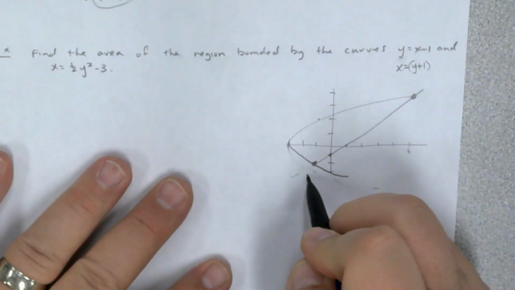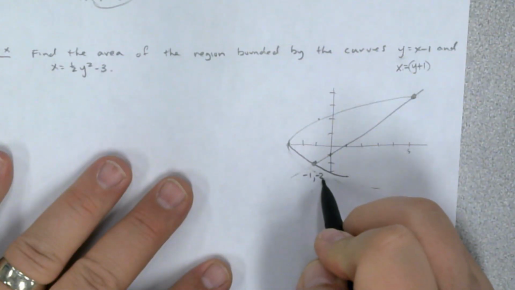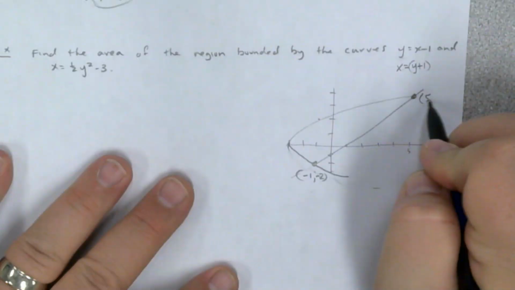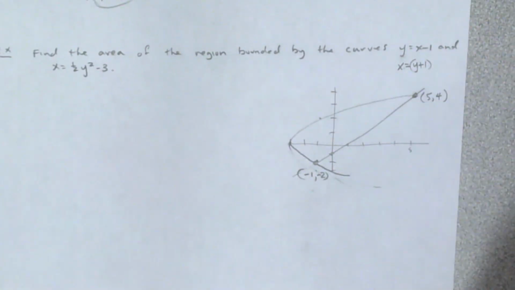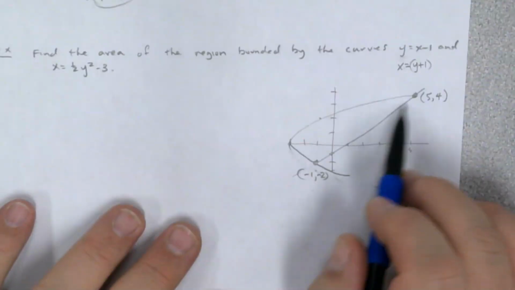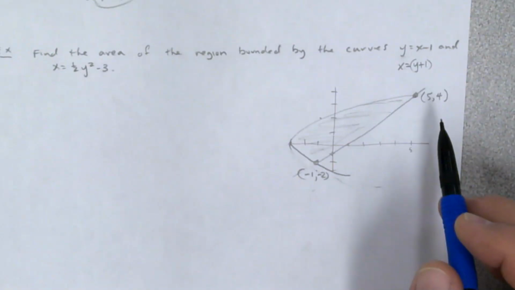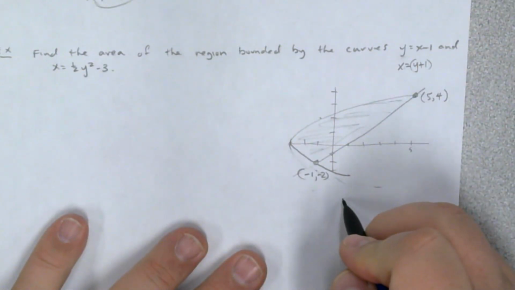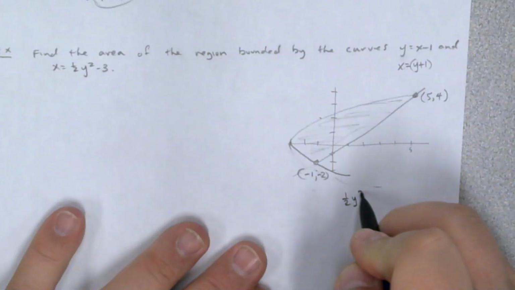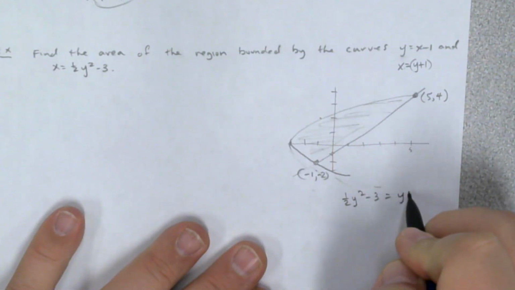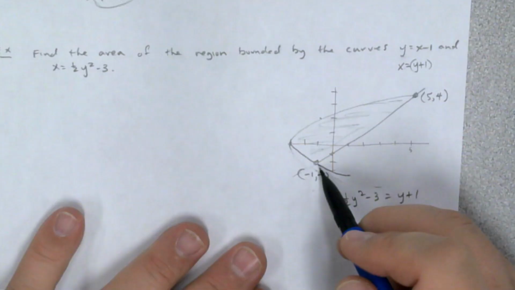So this one right here is a -1, -2, and this one over here is 5 and 4. Okay, this is the region we're going to be finding. Once I have the endpoints right there, so again, algebraically is when is this thing right here equal to this right there, and you can solve that out, and you would have got these two y values.